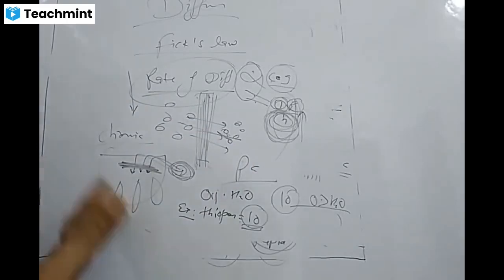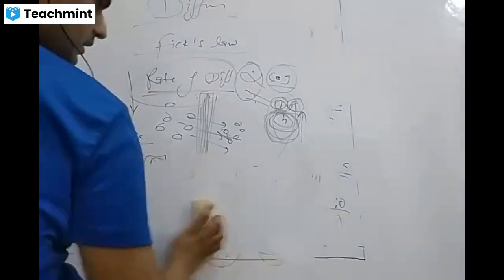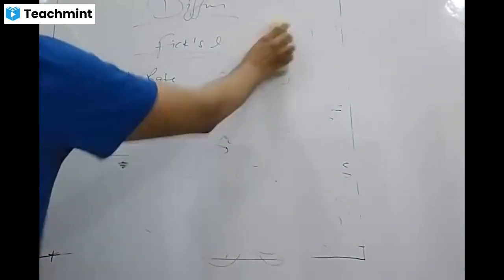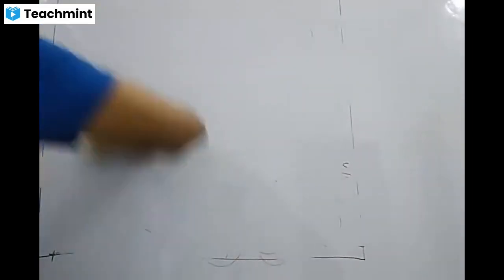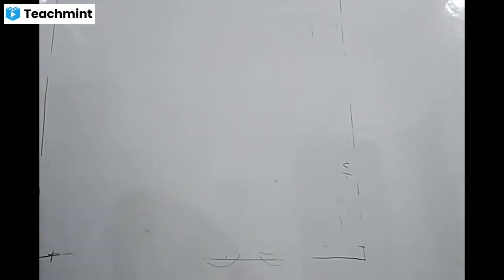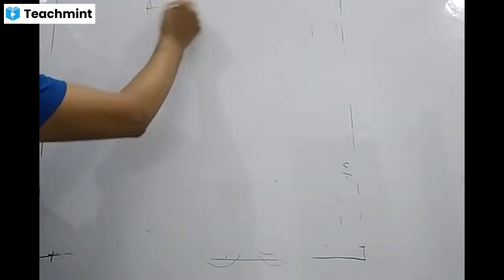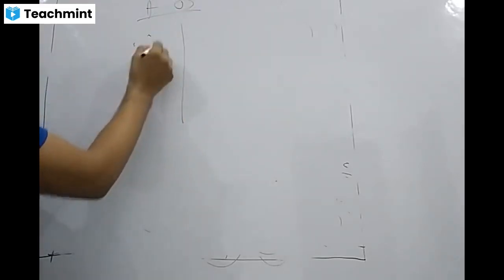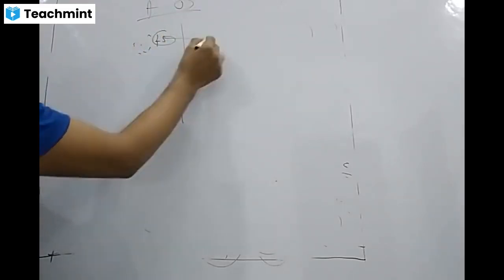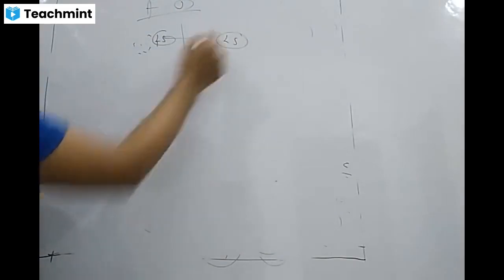And this simple diffusion is independent of ATP. No energy is required. It's a simple process. No carriers are required. Then second, facilitated diffusion. In case of simple diffusion, lipid solubles can easily cross the membrane.